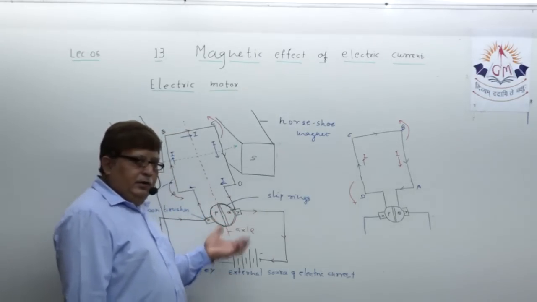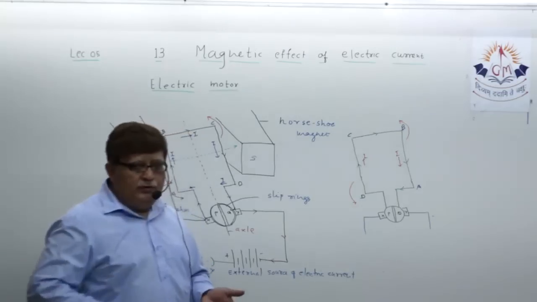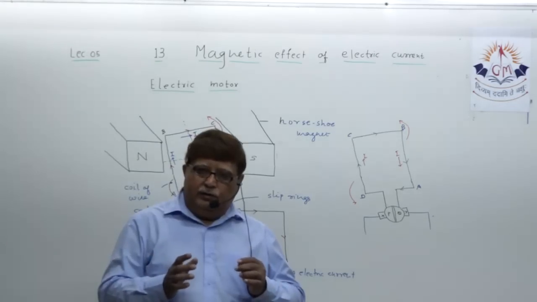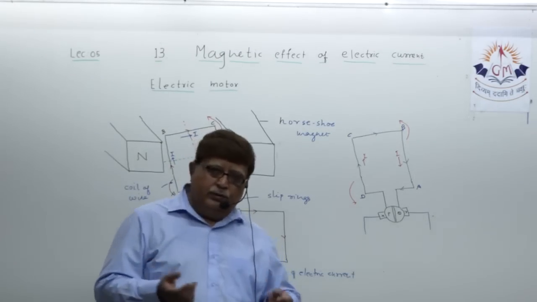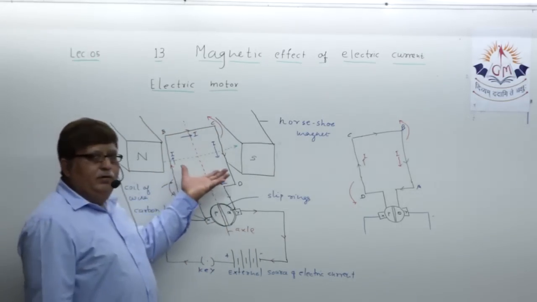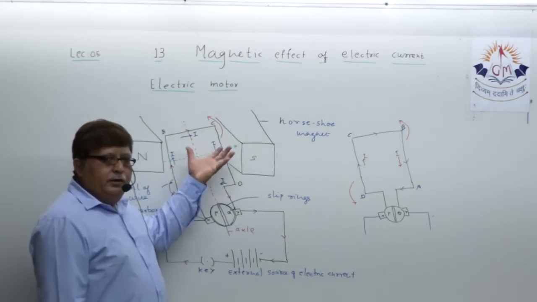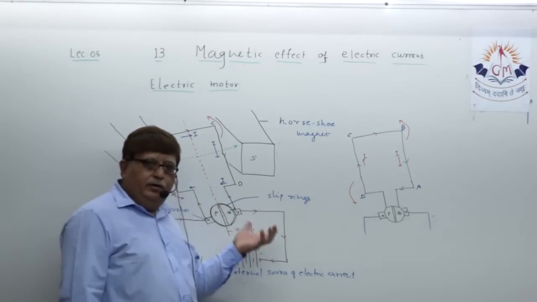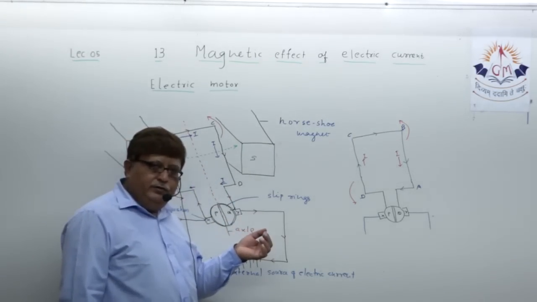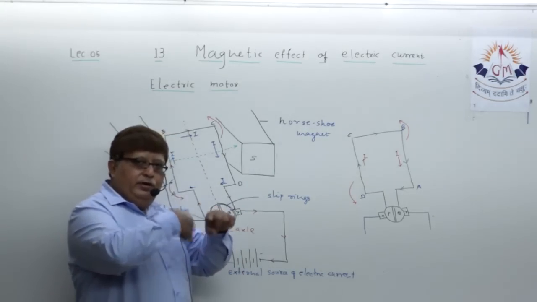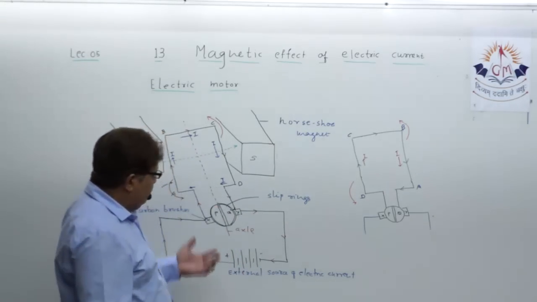Principle: a simple principle, conversion of electric energy into mechanical energy. Construction: a powerful horseshoe magnet. Inside the horseshoe magnet, a rectangular coil of wire ABCD is kept, axled to ensure a very free rotational movement.